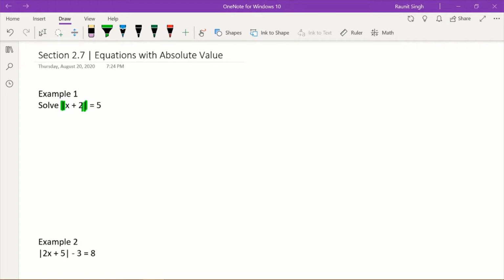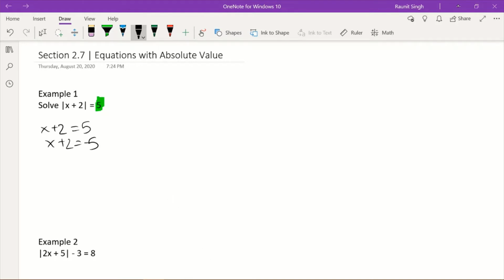So in this, we have x plus 2 is equal to 5, and x plus 2 is equal to negative 5. We have it equal to negative 5 because if we have negative 5 with absolute value around it, it would turn into 5, and we need it to equal 5.